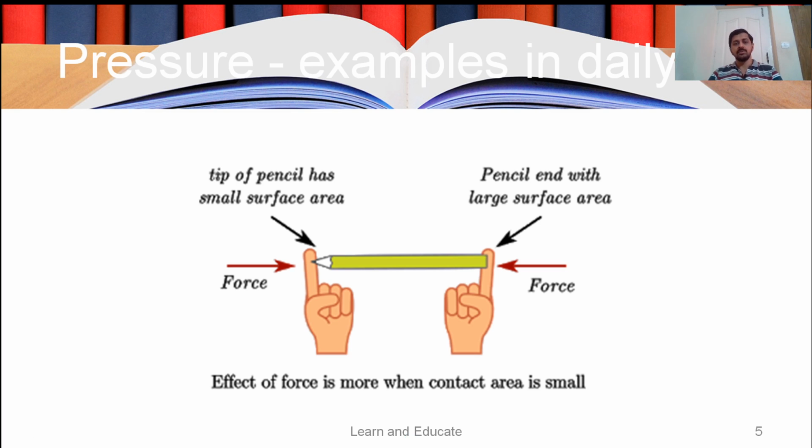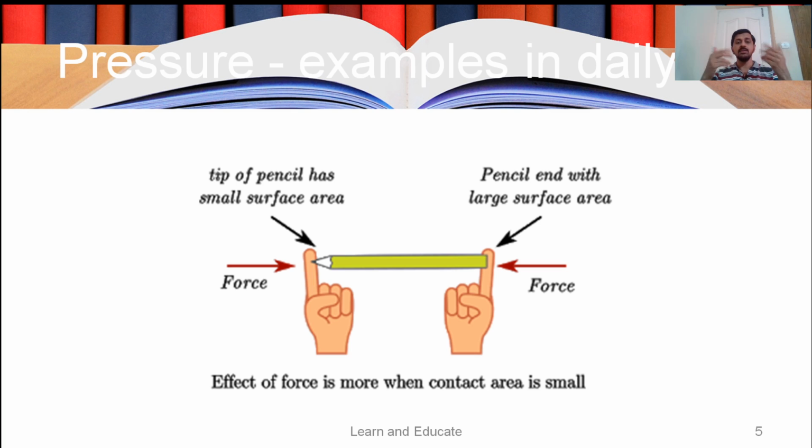Similarly, you can do a simple experiment to have a feel of what pressure is, by taking a sharpened pencil and applying force on either side of the pencil by keeping it horizontal.